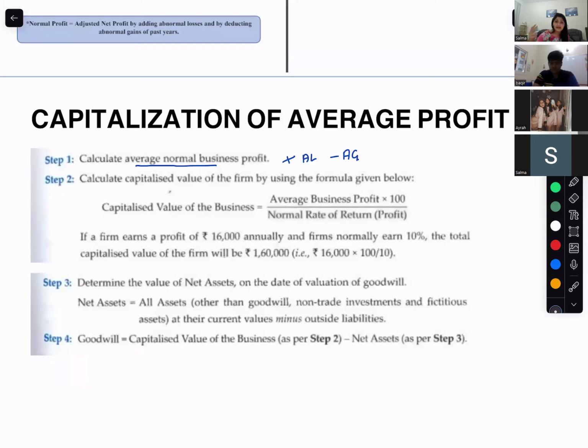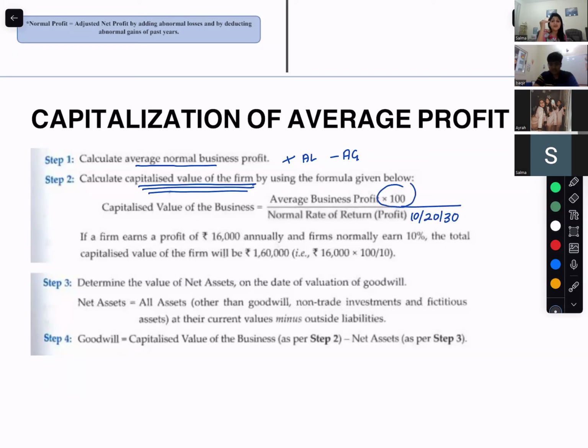Then you will find the capitalized value of the firm. How will you find out the capitalized value of the firm? It will be your average business profit divided by the normal rate of return, say it is 10 or 20 or 30, multiplied by 100.